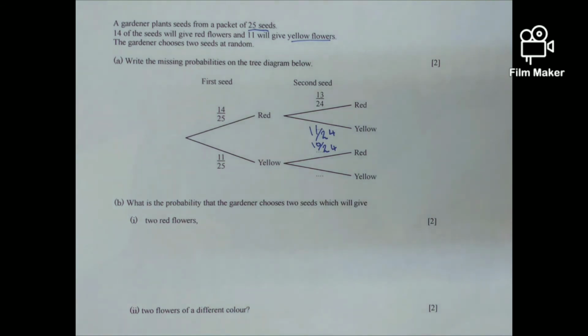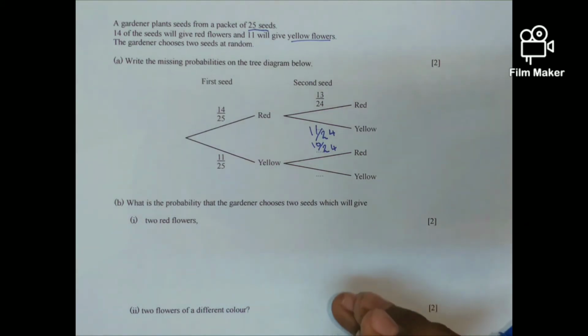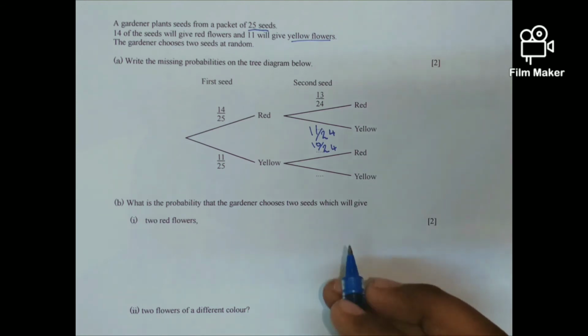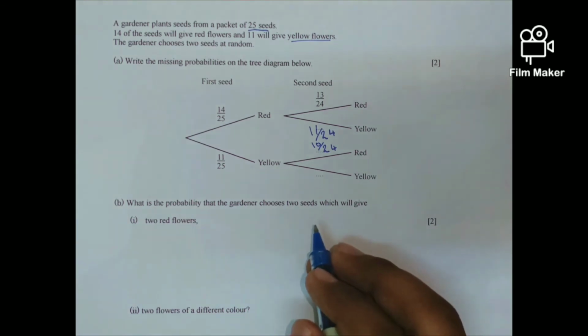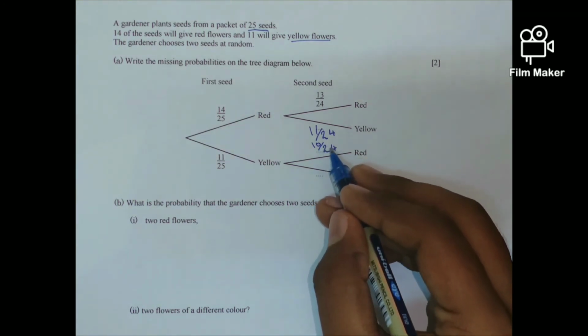So if the first seed chosen gives yellow flower, then the total number of seeds giving yellow flowers will be subtracted 1 from 11, so it would be 10. So here we got 10.